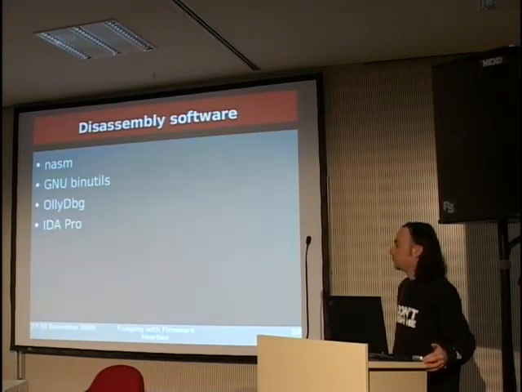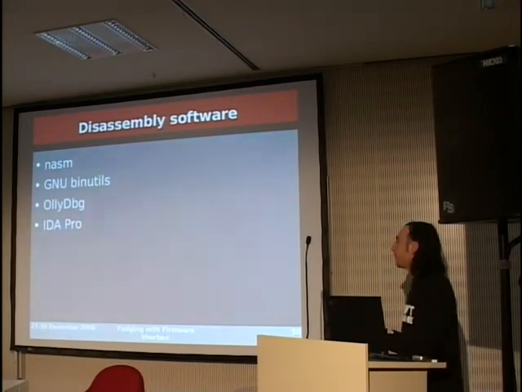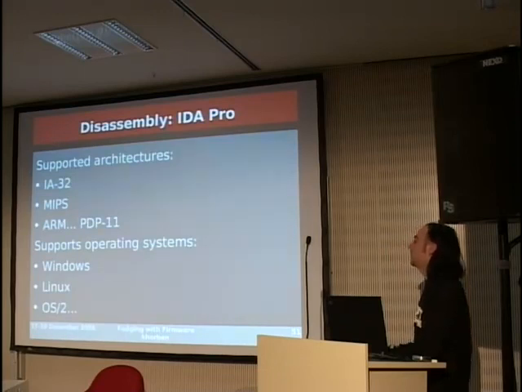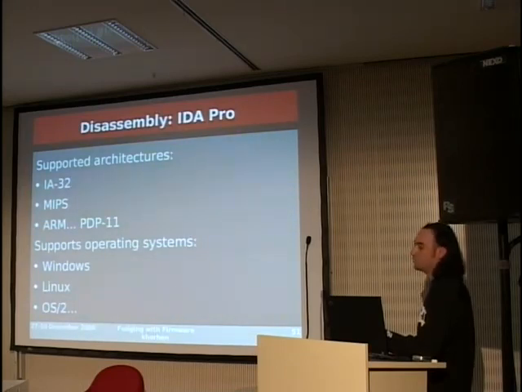And for Windows platforms, you may know about OllyDbg and IDA Pro already. IDA can not just disassemble Windows executables, but also all kinds of architectures and operating systems. It's not free though. And there are rumors that it may be removed from the market sometime soon.